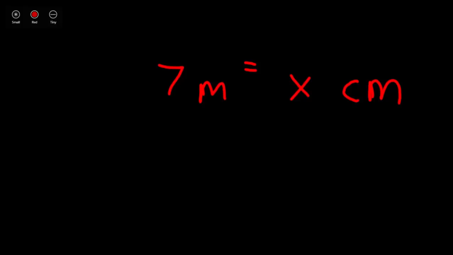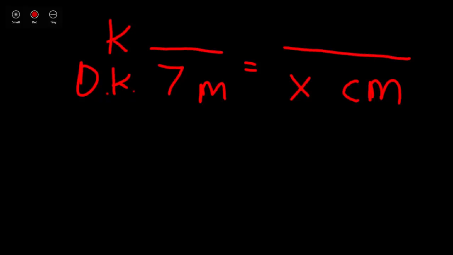If you don't know that, we can just solve our algorithm like we did before, and it'll help you to realize that we're multiplying. So if all you know in your problem is 7 meters equals how many centimeters, you need to look at your conversion chart to find out more information. What we don't know is on the bottom, and what we know we're going to find from our conversion chart and write on the top.